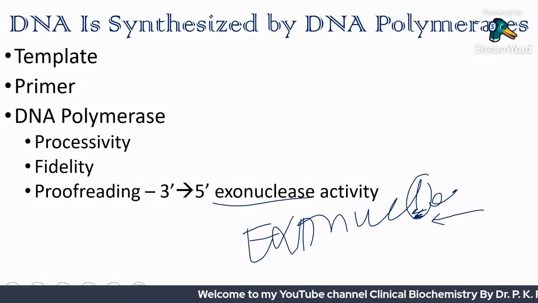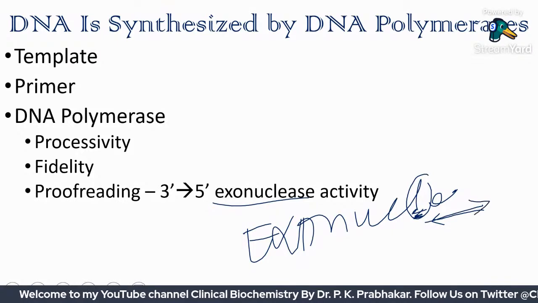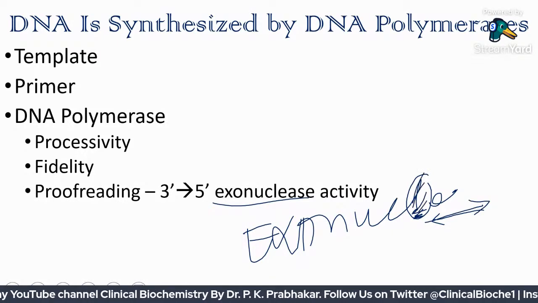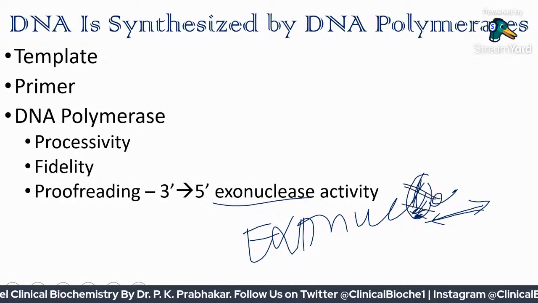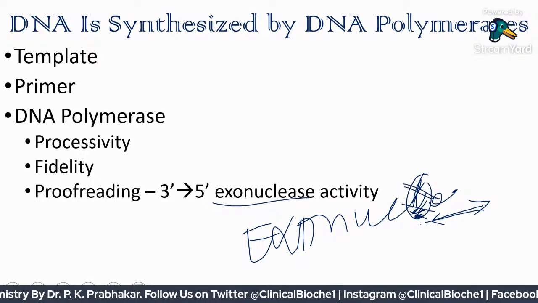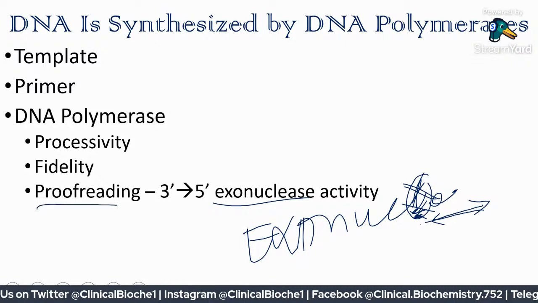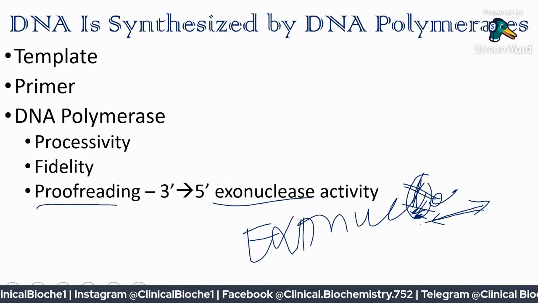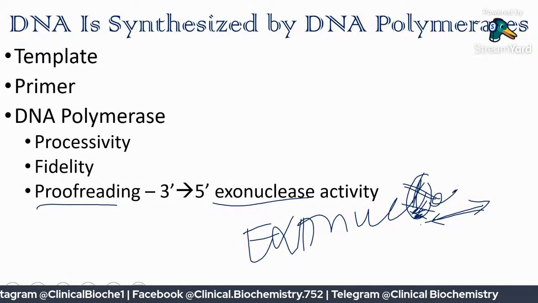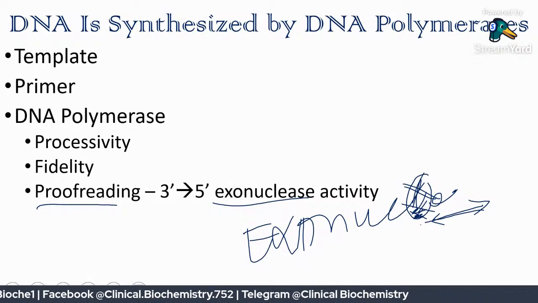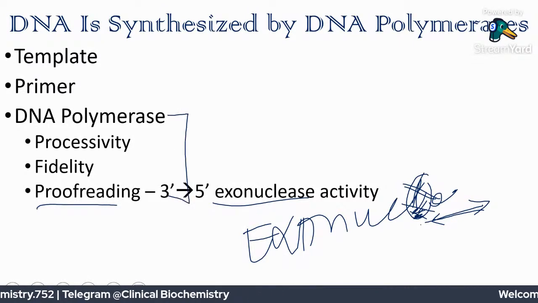If it is correct, then they will move further. Otherwise, if a wrong nucleotide is added, they will remove it and add a correct nucleotide। अपनी गलती को सुधारना उसको बोलते हैं प्रूफ रीडिंग। So they check and remove the wrong nucleotide, add the right nucleotide. So DNA polymerase has these three properties. We require it. Clear?